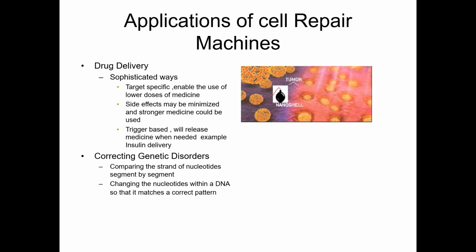We do the comparison between the strands of nucleotides, segment by segment. After that, we can change the nucleotides within the DNA so that it matches the correct patterns. What we actually do is a pattern change.